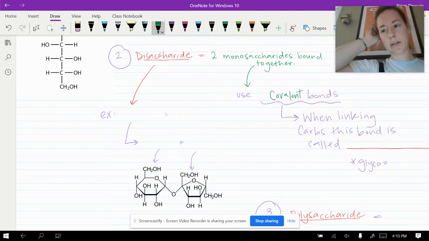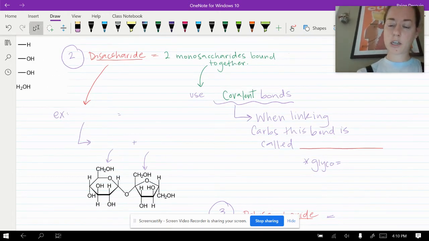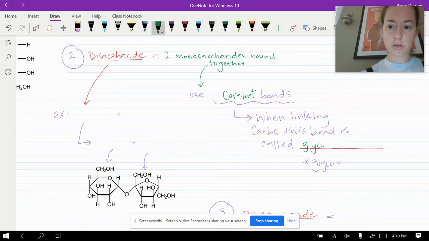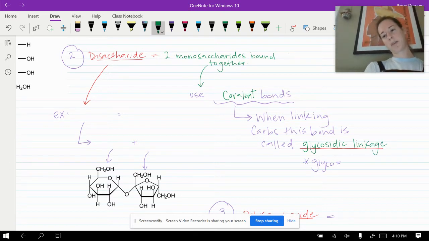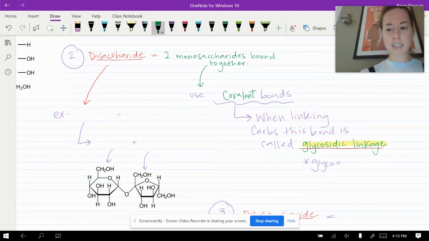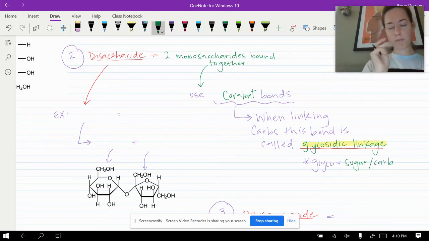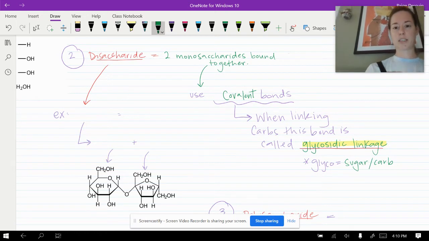A covalent bond between two or more monosaccharides is called a glycosidic linkage. It's really the same as any other covalent bond, but if it's a bond for a carb, that is what we call it, glycosidic. And just remember from the last video that glyco means sugar or carb. So anytime you see glyco, you can have a little hint that it is related to a sugar.